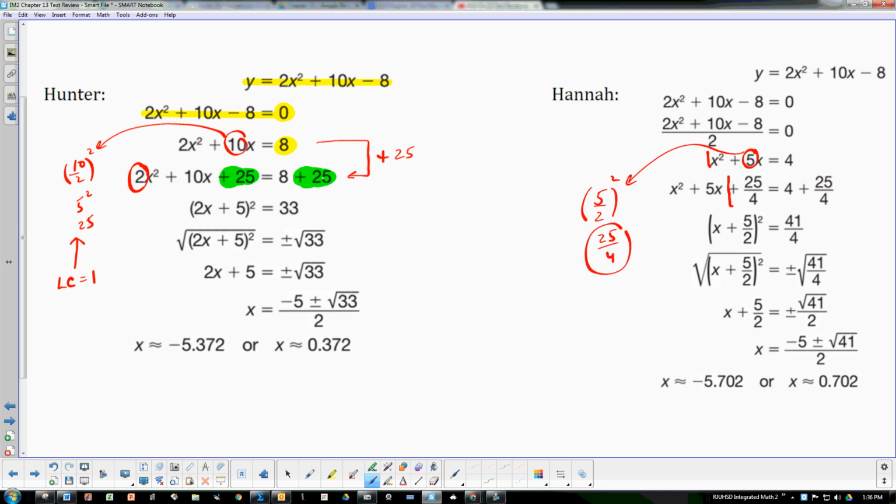Aha! And you can see we added that on both sides. That works perfect. And then it became a binomial square that looks great. And we got common denominators and added. So it looks like Hannah did this correctly. Great. Okay, next.